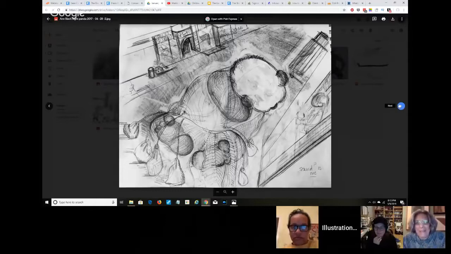You know how we do the value, we impose the value pattern. We do a little sketch about two by three inches or something, and just quickly figure out how you're going to play your lights, midtones, and darks with each other, and you're going to have a focal point where the darkest dark is going to bump up against the lightest light.